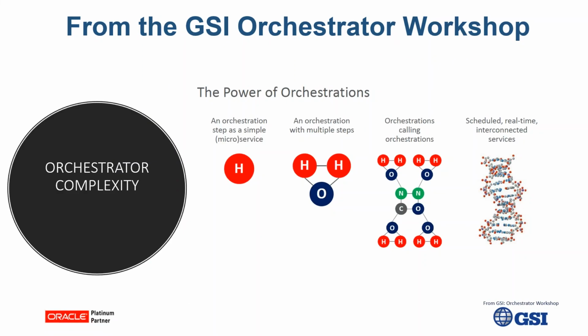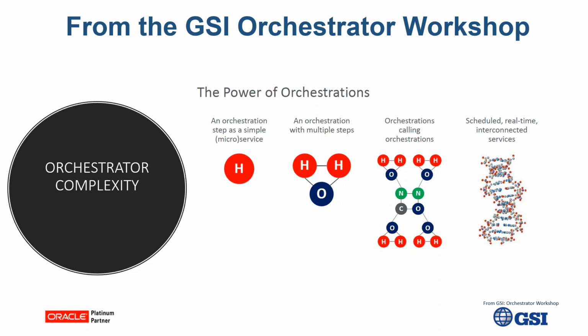All right, so I included the following slides just to give you an idea of the simplicity or complexity of creating an orchestrator. We can build a very simple standalone orchestrator with just one or a few service requests, and then a couple of rules with multiple steps.